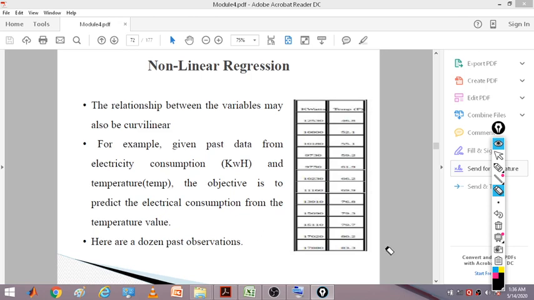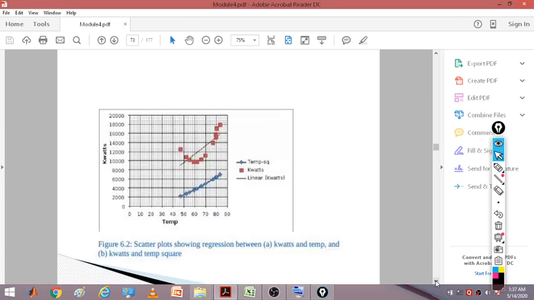For that we obtain the regression in terms of curve fitting. Then that equation will give you the output, the target value for the unknown variables. Okay, the diagram shows the values we have predicted. Now we are obtaining one curve.